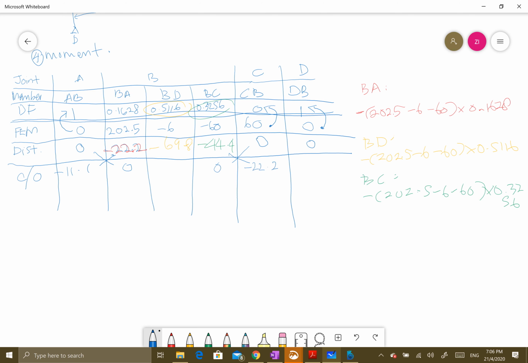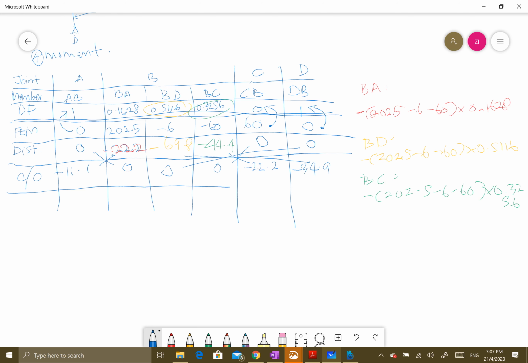And lastly, 69.8, you carry over here, becomes negative 34.9, then carry over here becomes 0.